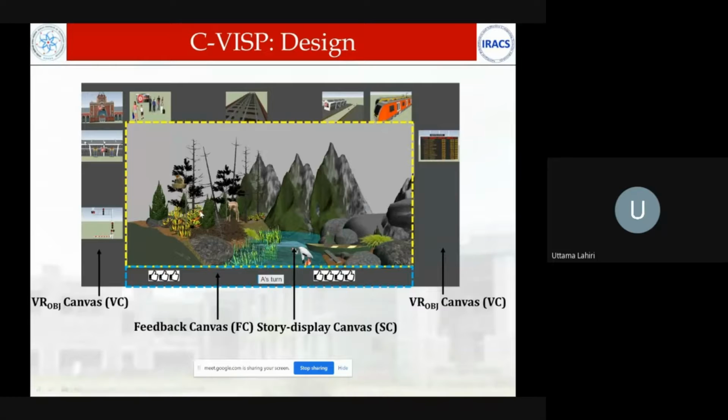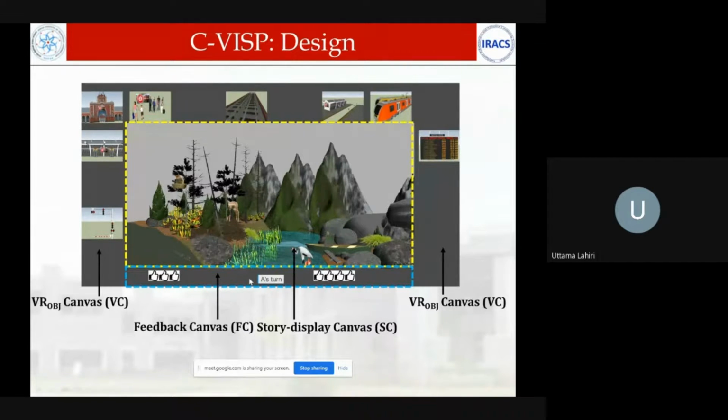For example, say someone clicks a valley, then someone clicks a mountain. So the child should understand, oh, hey, my friend wants to develop a landscape scene. Then someone says a river, so they drag in a river, just drag and drop on the center of the screen. And then the friend will understand, okay, then someone needs a boat, then someone will drag a boat. In this way, the story will start developing.